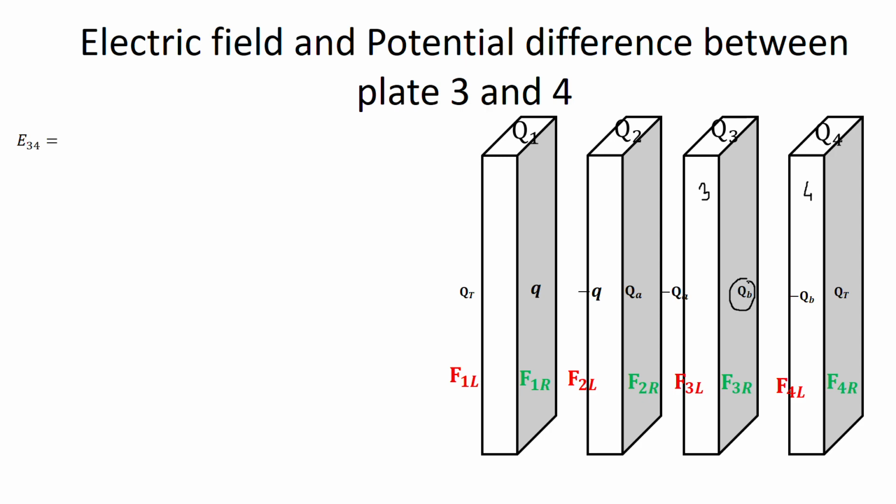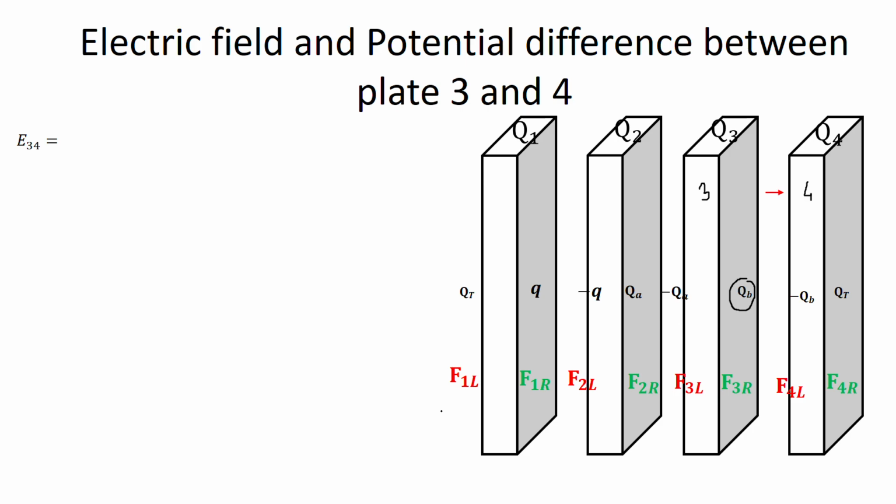Now for E34, if we assume a test charge QT between plate 3 and 4, QT will push that charge towards right, so electric field will be towards right.